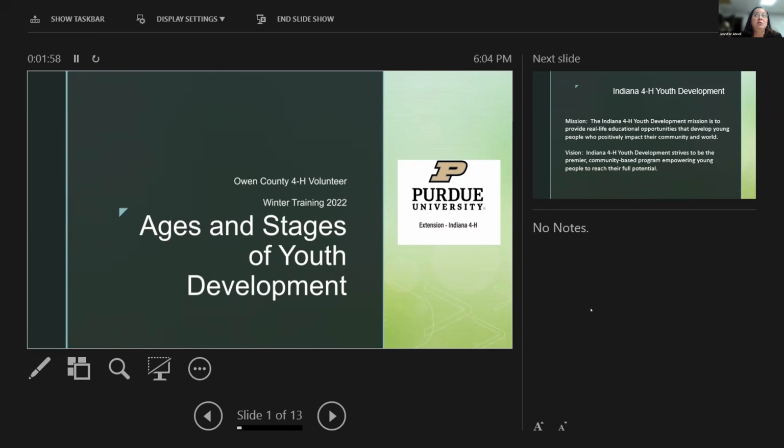And that's a huge age range when you're trying to do activities for your club and engage all of those kids. So it's important to understand the development of the different stages and how you can help tailor your meetings, your activities, the things that you're doing to engage kids at all age levels. So that's kind of why we're doing this one first.